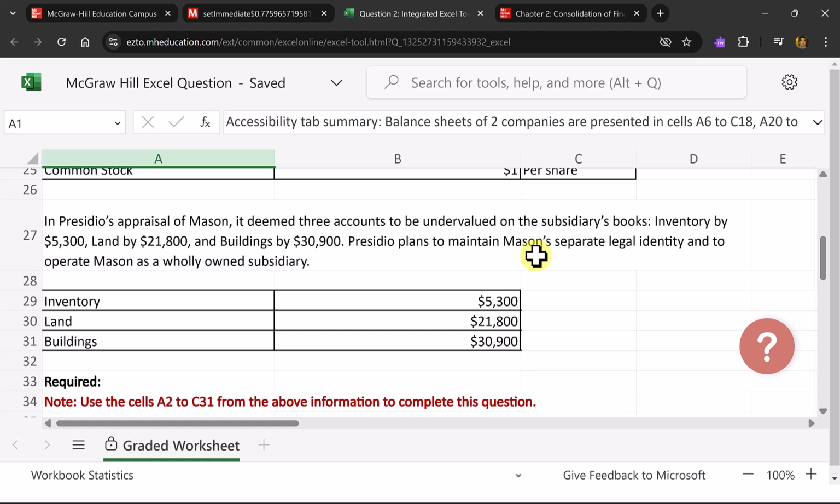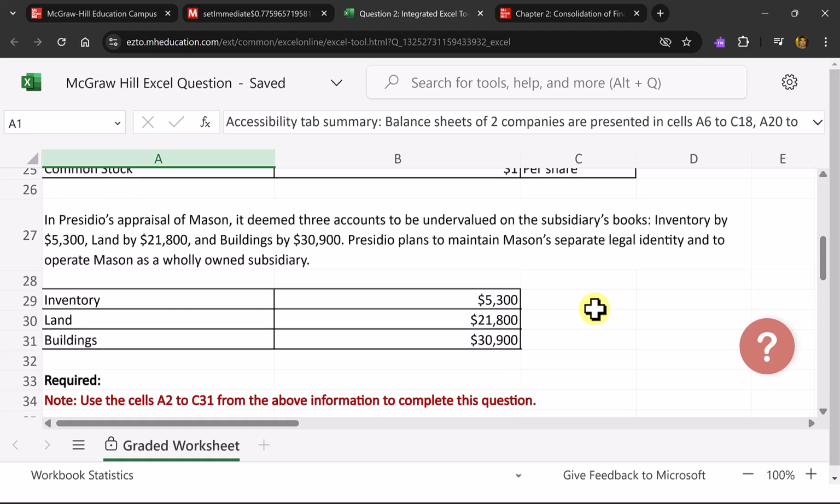They're keeping it as a wholly owned subsidiary. So we're not going to record the increase in assets as a journal entry on the books of the parent. What we're going to record on the books of the parent is the acquisition of the investment in Mason, the stock investment in Mason.